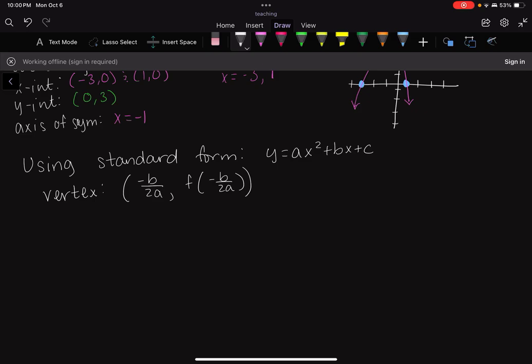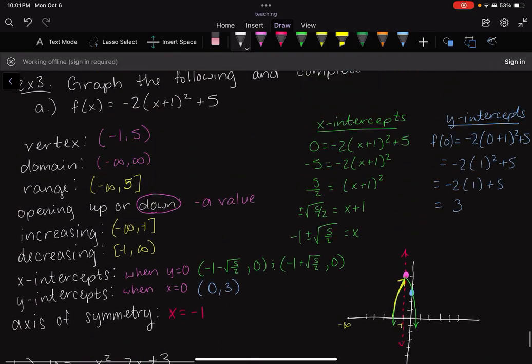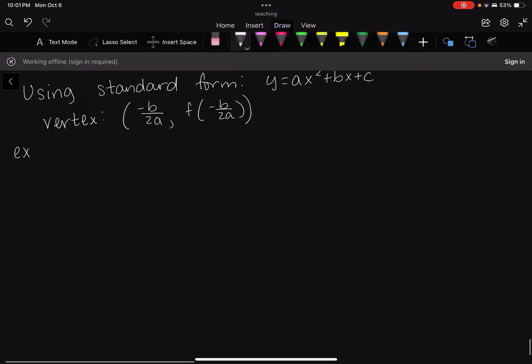Of course, let me do an example. So this is number 4. I'll just say find the vertex. Part A, we'll do the one that we just did, just so I can show you what it would have looked like if we didn't do it the other way.